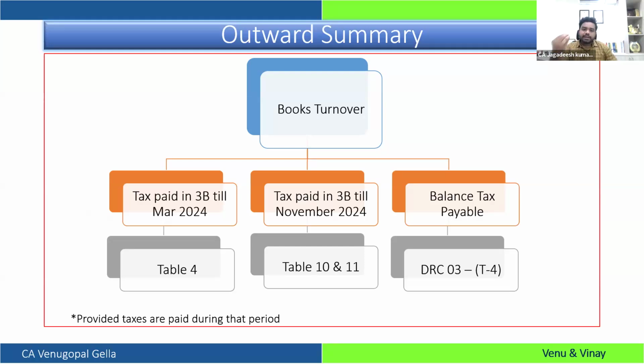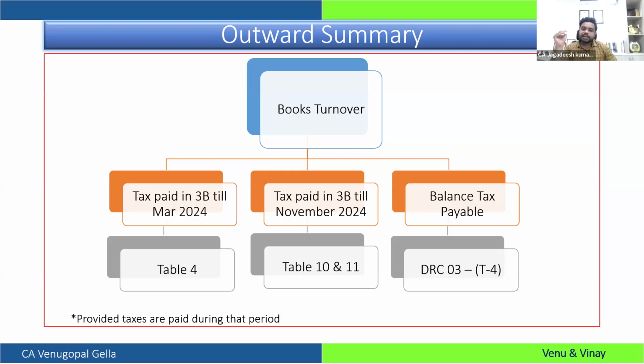And if I paid my liability through GSTR 3B in the subsequent year, that is from April 24 to November 24, then I need to report it in table 10 and table 11. If it is upward, I report it in table 10. If it is downward, I report it in table 11.